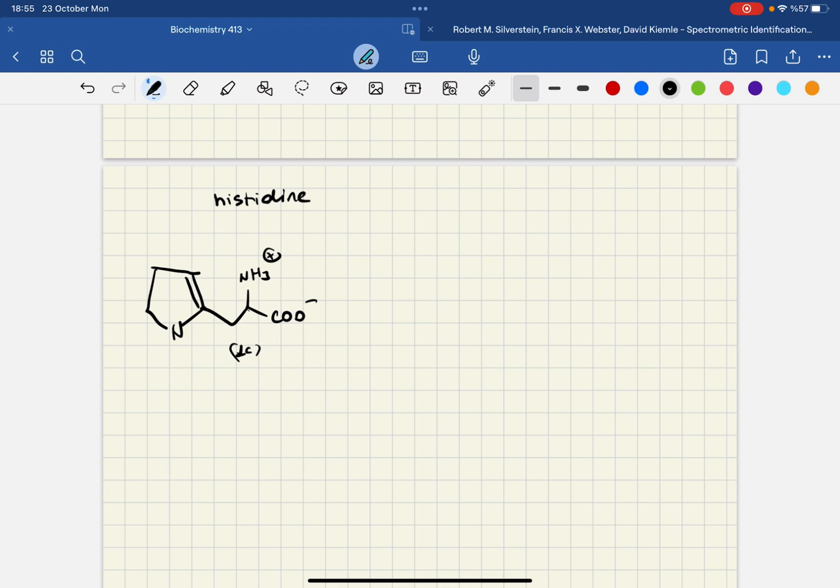First of all, in order for the nitrogens to be able to resonate, we should put the nitrogen over here, and then we will see why.